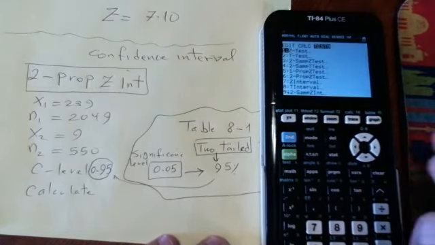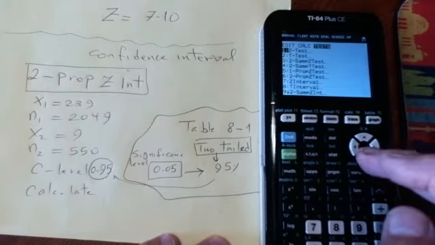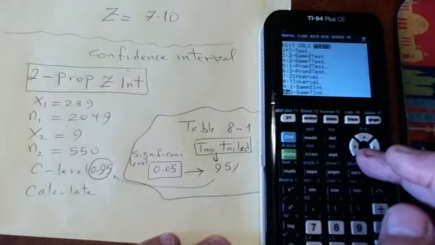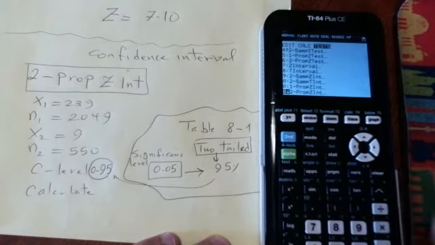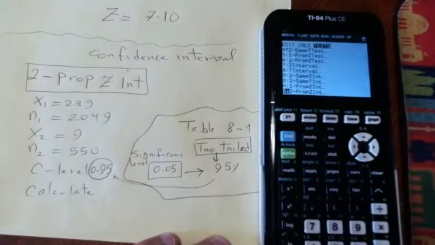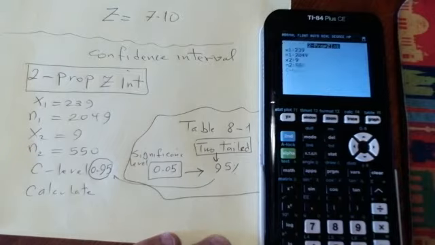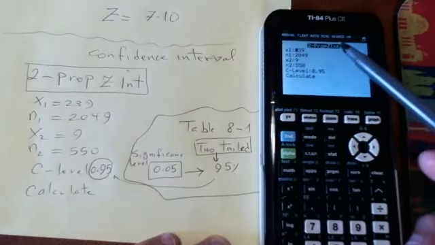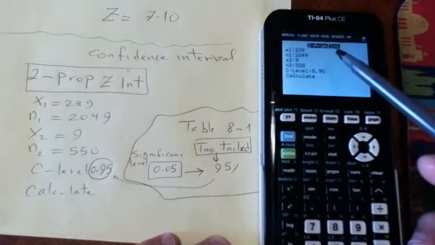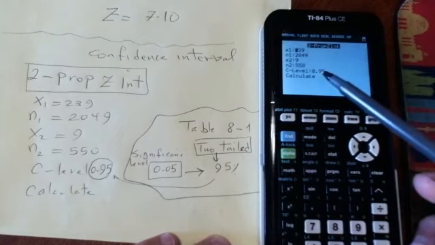And now 2-PropZInt, let's find that one. 2-PropZInt, which is the B option. And you could always tell when you enter the screen, okay, see, x1, n1. Since you used the calculator to find the z, information is already there. We don't have to do anything.